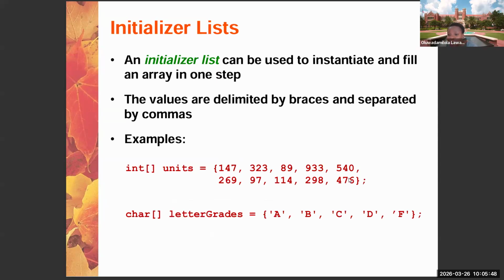Don't forget, the way the compiler works, the last index is always the size of the array minus 1, because the index starts from 0. You get the difference between the length and the index of an array. The length is the total number of values, which in this case is 10.